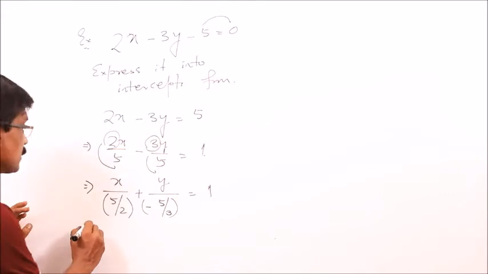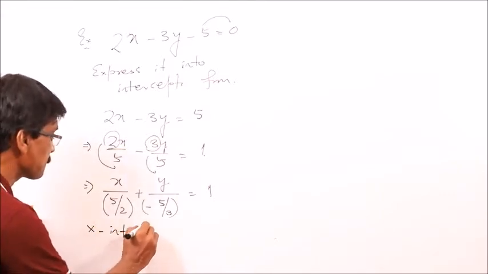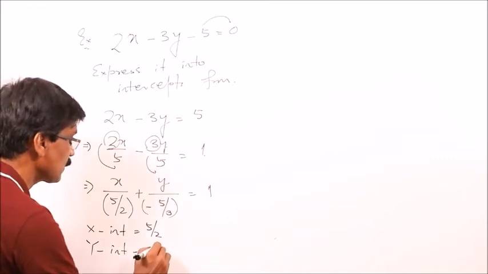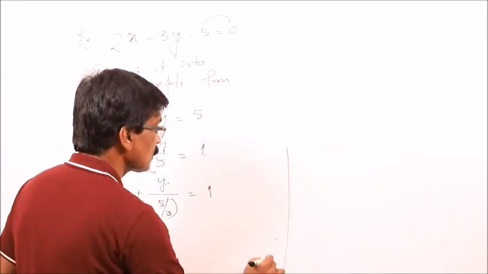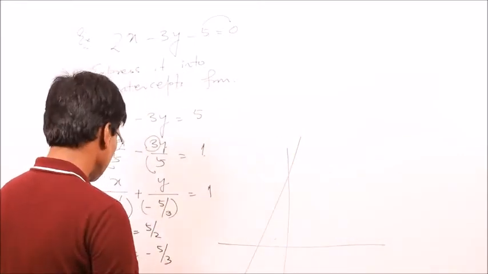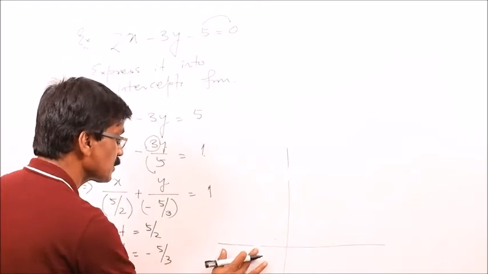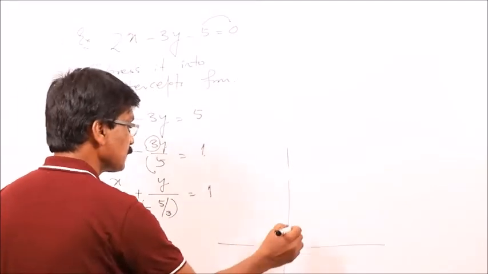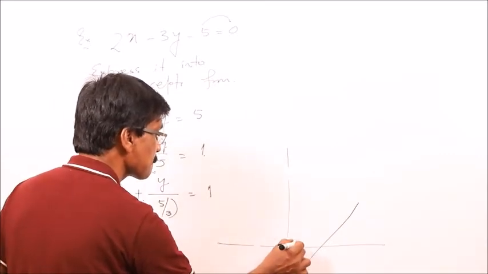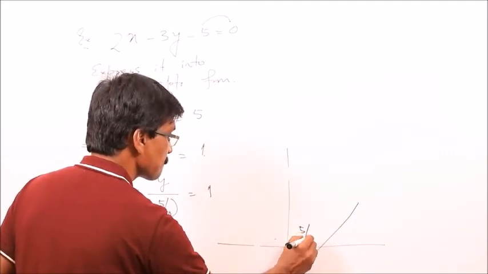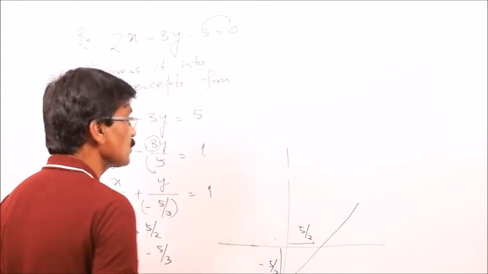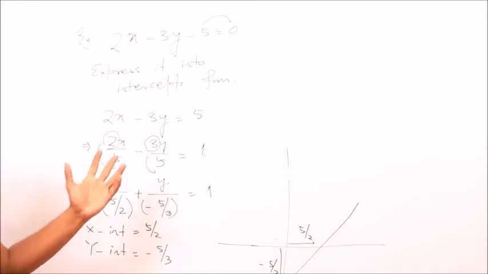So the x intercept is 5 by 2 and the y intercept is equal to minus 5 by 3. The x intercept is positive and the y intercept is negative. So this is the equation of the straight line in intercept form.